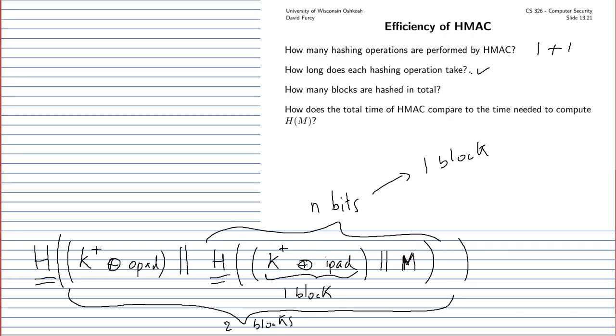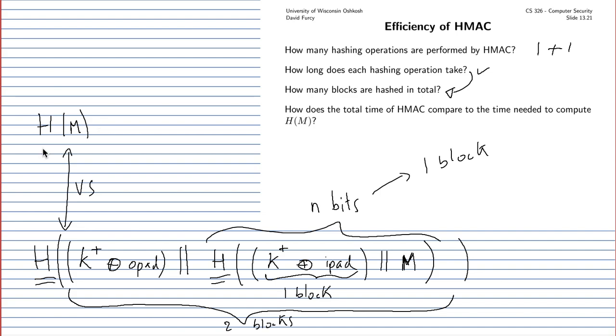So the next question we have to answer is how many blocks are actually hashed, and in particular, how many blocks do we have to hash compared to the number of blocks we have to hash when we just hash the message M? Because remember, one of the design objectives was that the efficiency of HMAC would not be significantly slower than the runtime of just simply hashing the message itself.